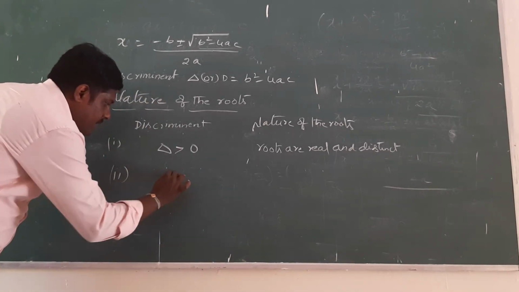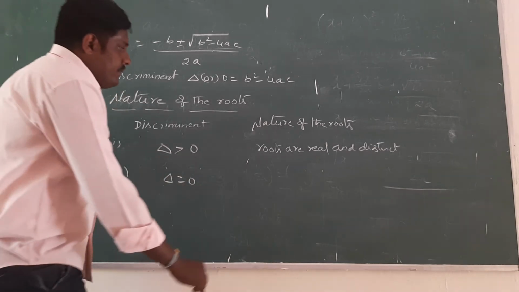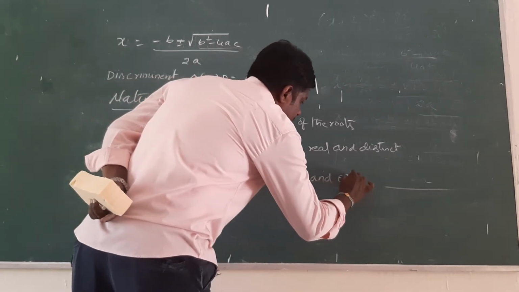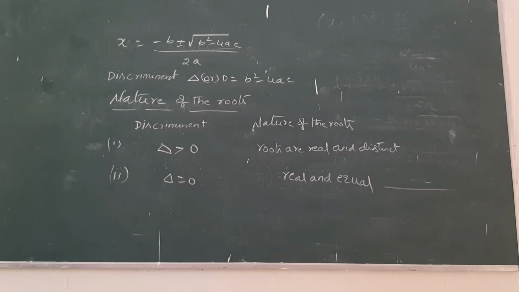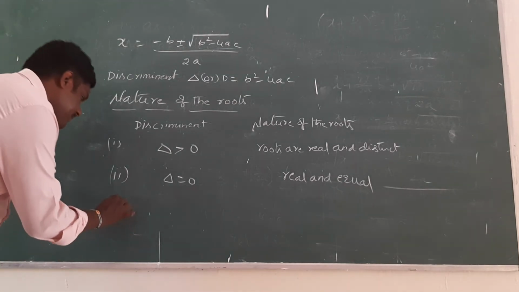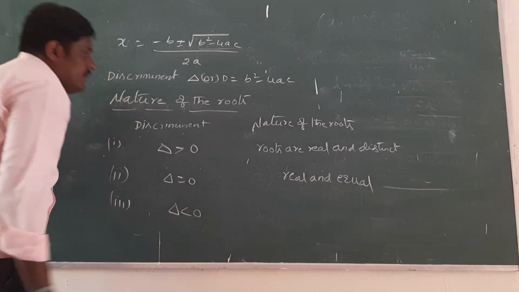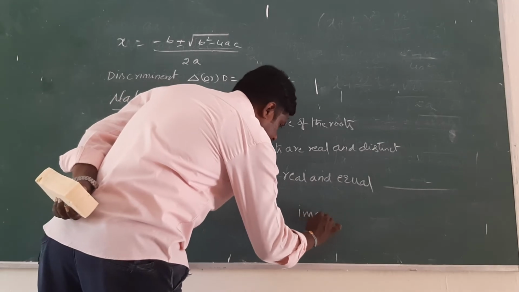The second case will be delta is equal to 0, then the roots are real and equal. The third case will be delta is less than 0, then the roots are imaginary.